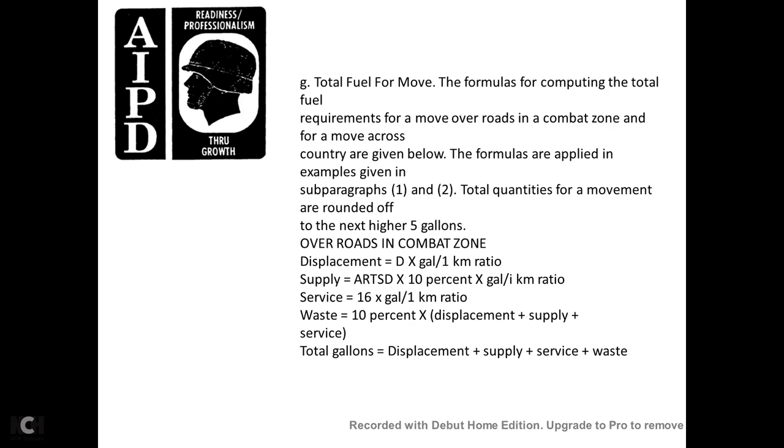Total quantities move over the roads in the combat zone: displacement, equal to the distance times the gallons per kilometer ratio; supply, equal to the average round-trip supply distance times 10% times the gallons per kilometer ratio; service, equal to 16 times the gallons per kilometer ratio; waste, equal to 10% times the displacement plus the supply and service added together. Total gallons equal displacement, supply, service, and waste.